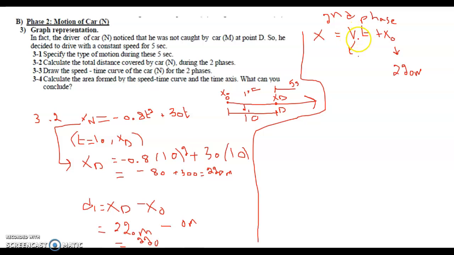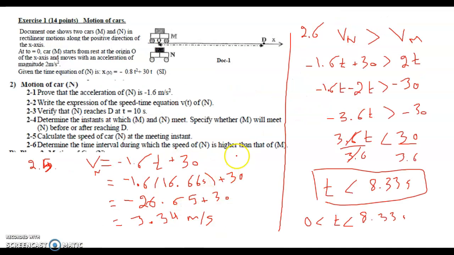So this V is actually VD, because it started moving at constant speed starting from D. I have to go back to the speed time equation of the first phase for N in order to calculate VD. We have the general equation V equals minus 1.6 t plus 30. We substitute t equal to 10 to find VD.